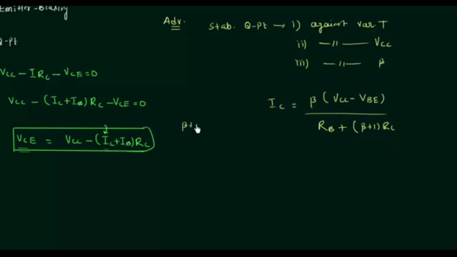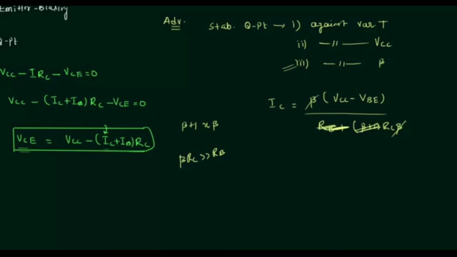Beta plus 1 is nearly equal to beta, so we have beta here, and if beta times RC is greater than RB, we can neglect RB, so we are left with RC multiplied with beta in the denominator, and the beta in numerator will cancel out with beta in denominator, and you can see the expression is independent of beta value. So this is the third advantage of collector feedback configuration.